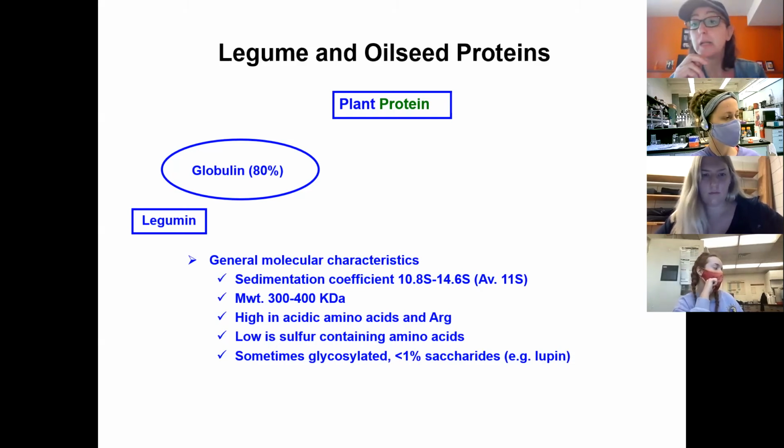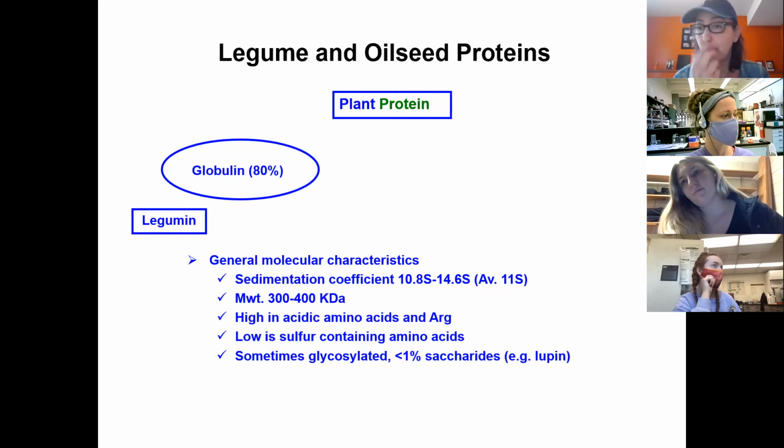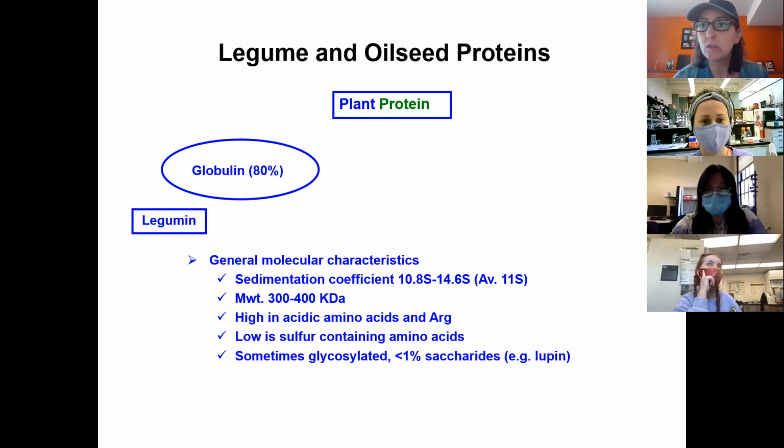Yes, but the pH is not really very high for legumes and pulses. You can extract them at 7.5, 8.5. They are more soluble at higher alkaline due to the ionization of OH groups and sulfur-containing sulfhydryl groups, but they are still soluble at pH 7, 7.5. In our lab, for example, we extract soy protein isolate at pH 7.5, which is reasonably not close to neutral.